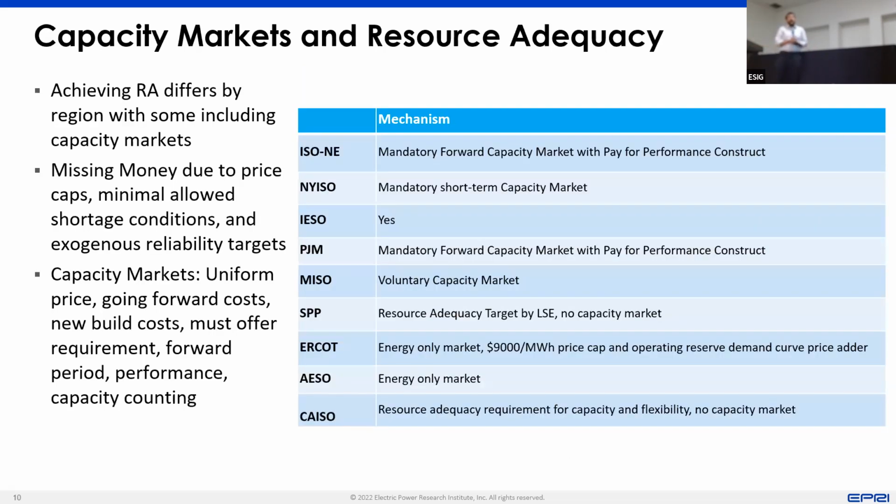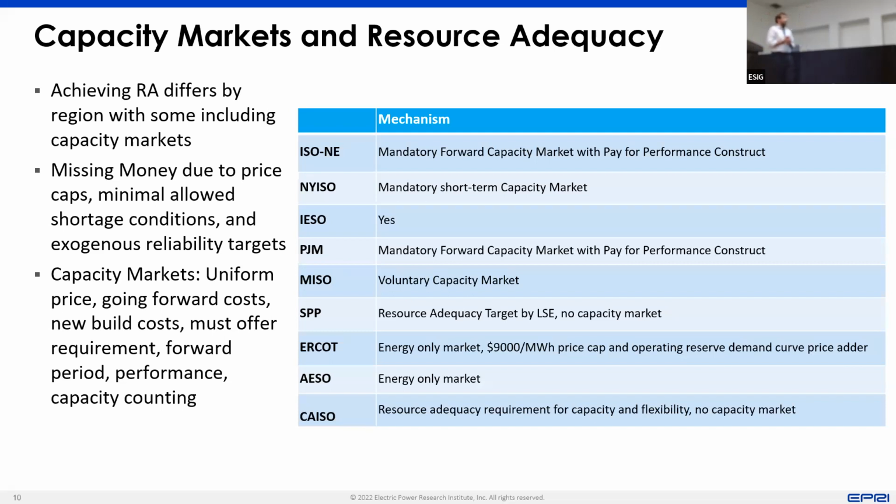And then finally, capacity markets and resource adequacy. So that table shows some of the different ways that different markets meet their resource adequacy today. And many of those are through capacity markets.